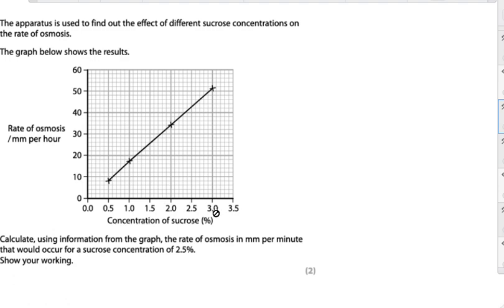Try this one. Nope. Okay, I'm going to have to get another layer. Okay, so here's our 2.5%. Still not working.